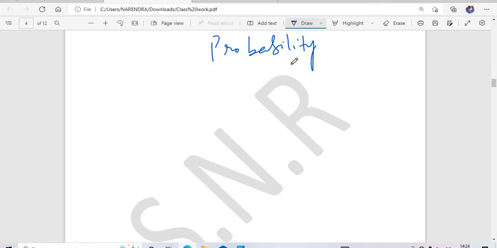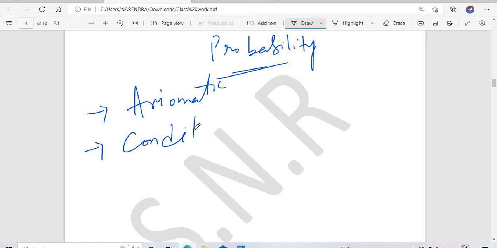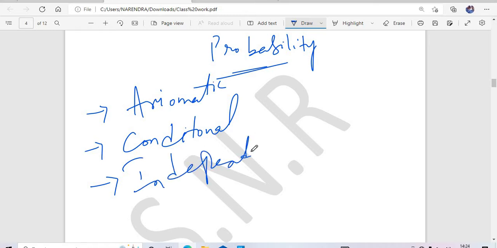In probability, as we just saw in the syllabus, one is axiomatic definitions. Number two is conditional probability. Number three is independence. Next we have Bayes theorem.